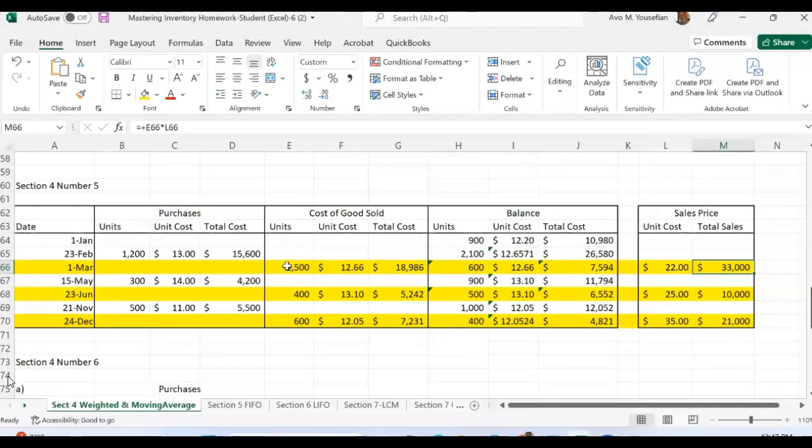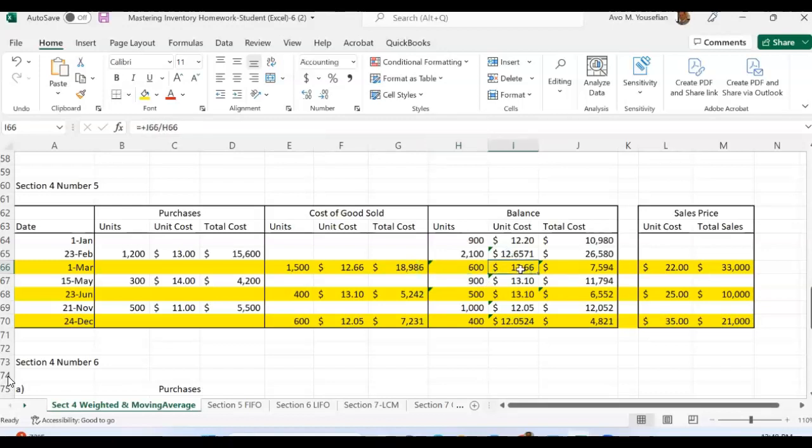However, the cost of goods sold is 1,500 units at an average cost of $12.66, which is that number, multiplied by 1,500, for a total cost of goods sold of $18,986. So what is left? Left equals available 2,100 units minus 1,500 units sold. That's the formula. And that gives you 600 units left.